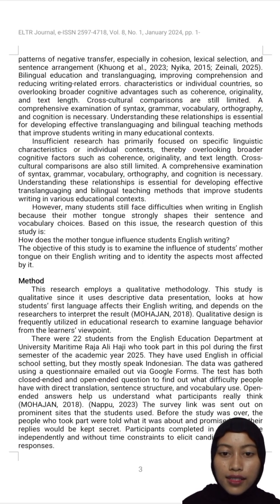Responses were analyzed thematically to find patterns of first language interference, such as literal translation, irregular word order, vocabulary influenced by the first language, and grammatical errors. Ethical procedures were followed and all participants' responses were kept confidential. This approach allowed the researchers to focus on students' real experiences and cognitive process when writing in English.